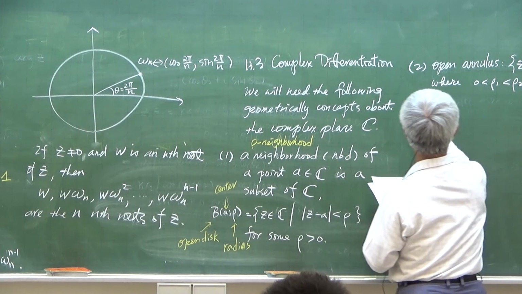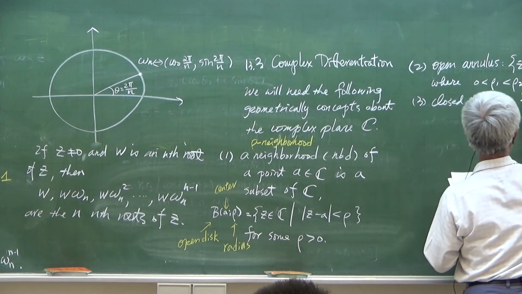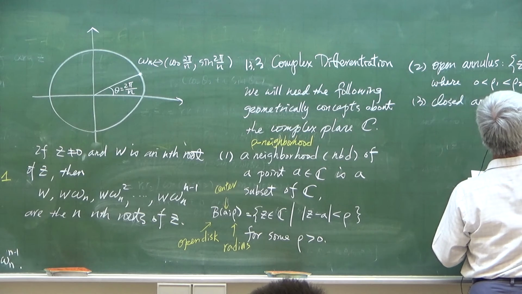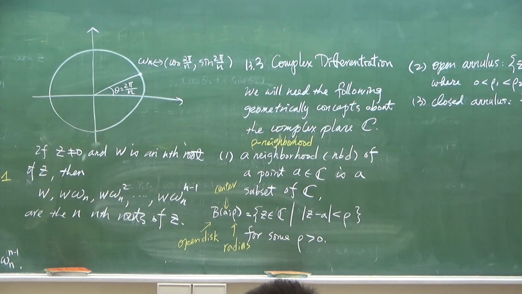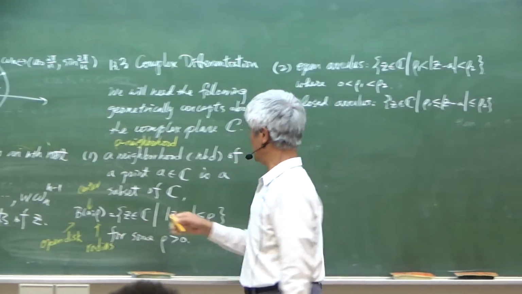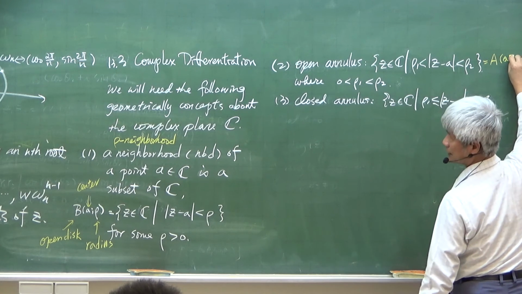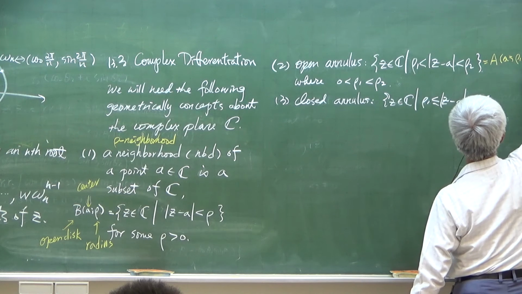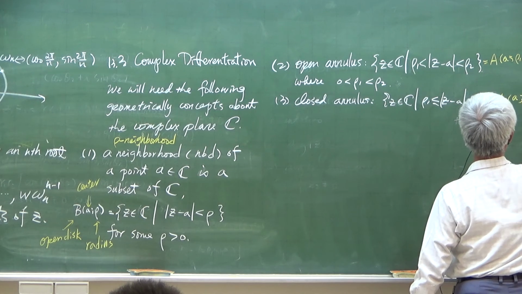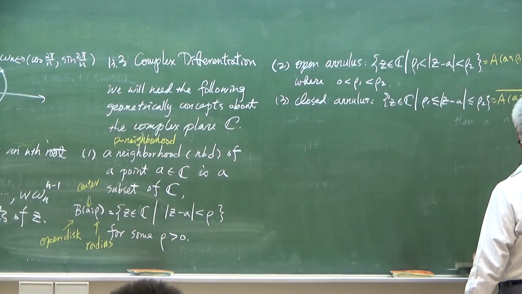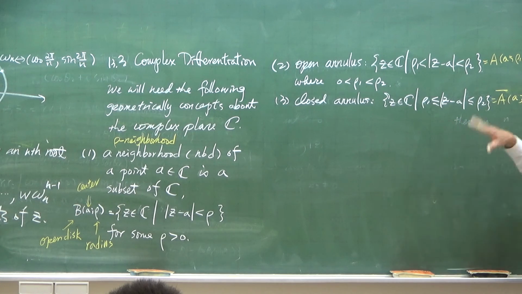The closed annulus is a subset that includes the boundary, and is sometimes written with a bar over the A to indicate it is closed.